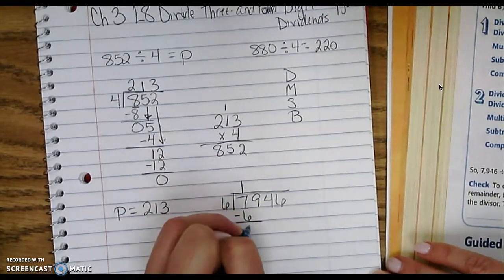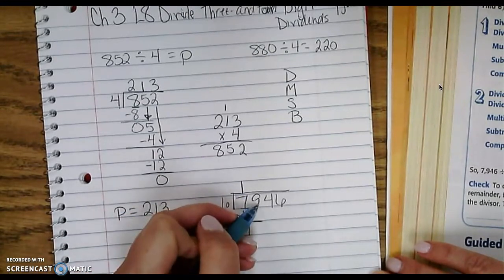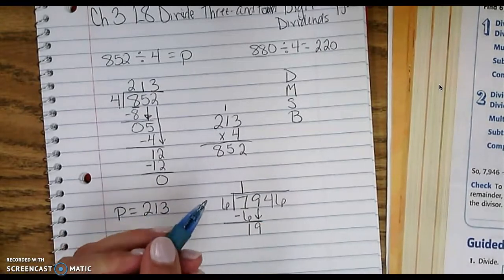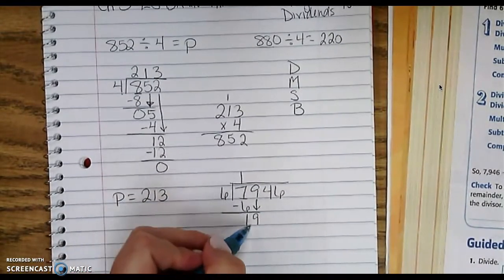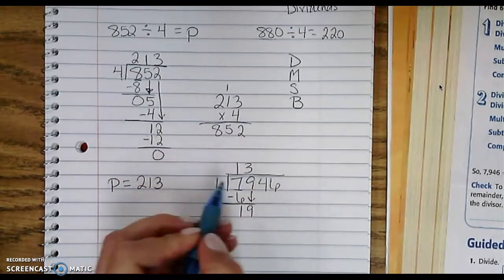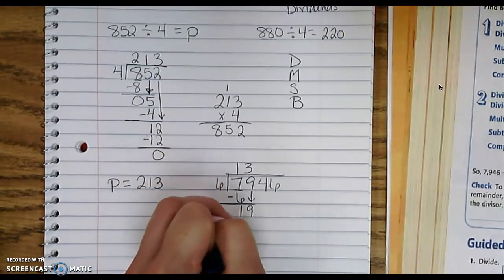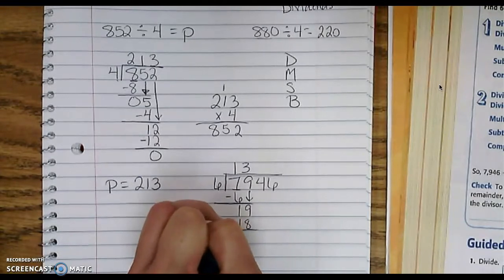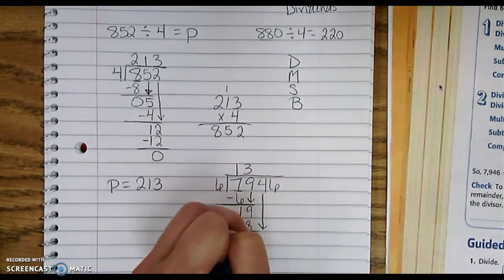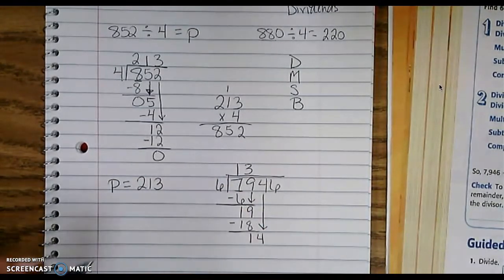And I subtract, get a 1. Then I bring down 1 digit at a time. So I'm going to bring down just the 9. Now I divide 6 into 19, and 6 goes into 19 3 times. 3 times 6 is 18. I subtract, and I get a 1. Then I bring down the next digit, which is that 4.